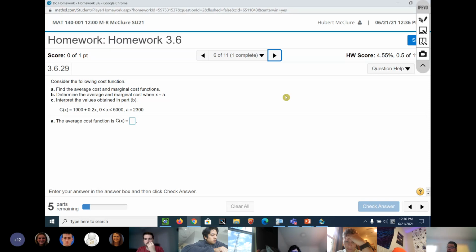The function is C of x equals 0.2x plus 1900, and you can only go from 0 to 5,000 units. I'm assuming we're talking about units, making something. And then a is equal to 2,300. Find the average cost and the marginal cost.